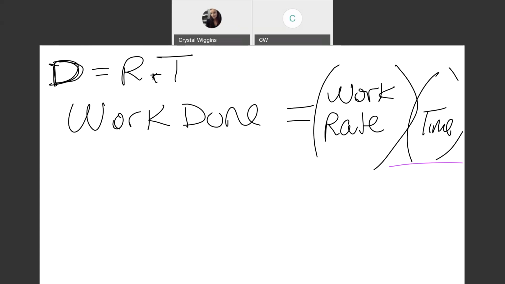Actually, I don't want to do that this time because we're trying to create a formula that is a time formula, because remember we're trying to minimize time, so we need an equation that says time equals.